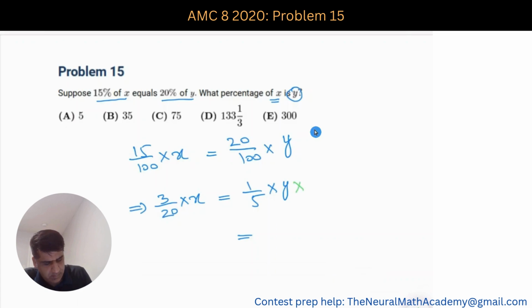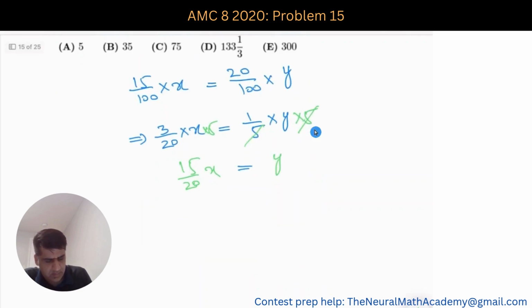So I multiply by 5 on both sides, it cancels out, and y is equal to now 15 over 20 x. Or I can also write it like this: y is equal to 3 over 4 x.